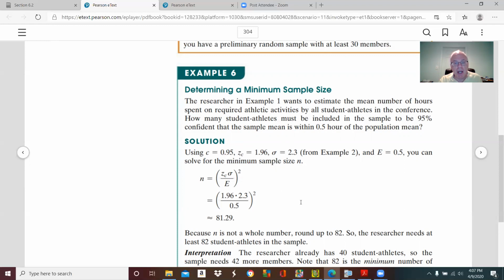The middle area is 0.95. That means what's left is 0.05 or 5%. Half of it goes to the left tail, half goes to the right tail. So the right tail is 0.025. So for the critical value, the area to the right is 2.5% or 0.025.